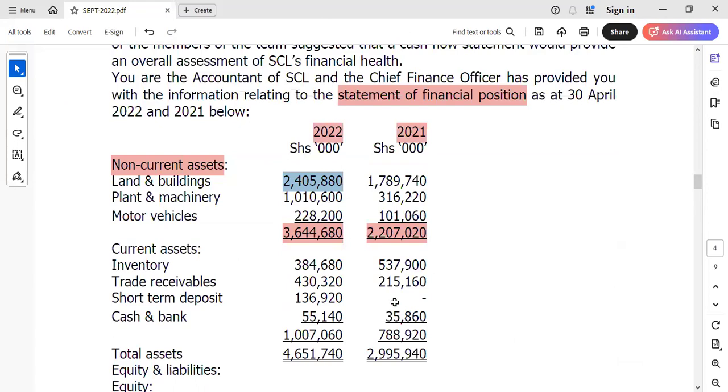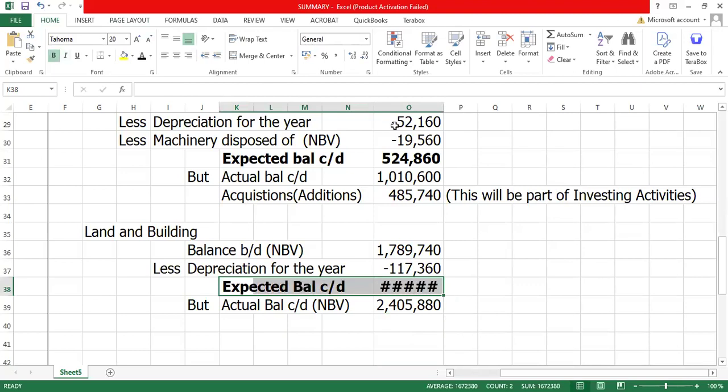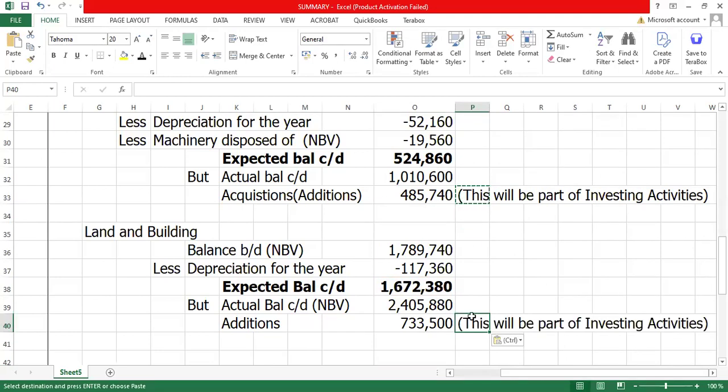So did the company acquire or dispose? Compare and tell me. Do you have acquisitions or disposals? Because if the figure you have as actual is higher than the expected, it means that the company acquired more. So you have the additions made during the year. So this one will also be part of the investing activities.